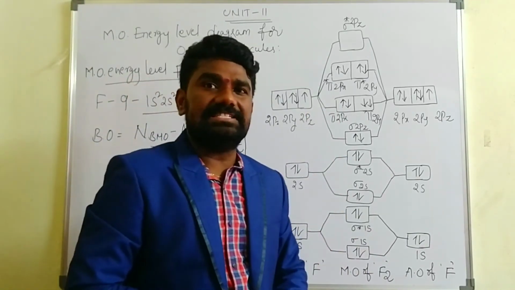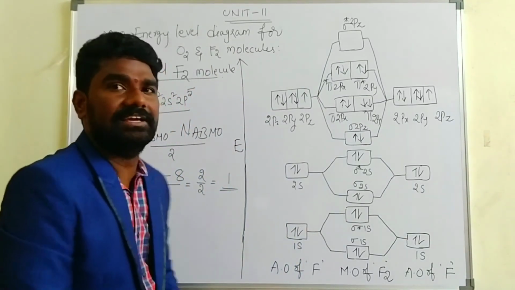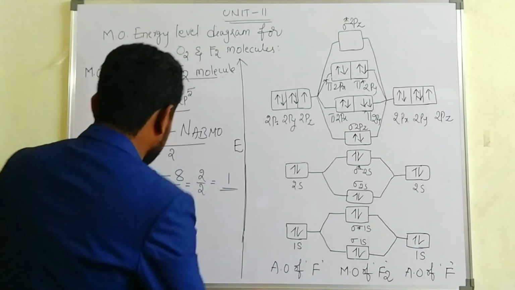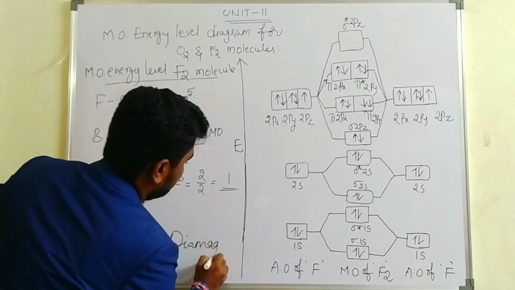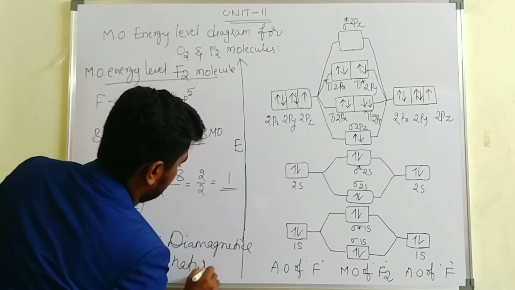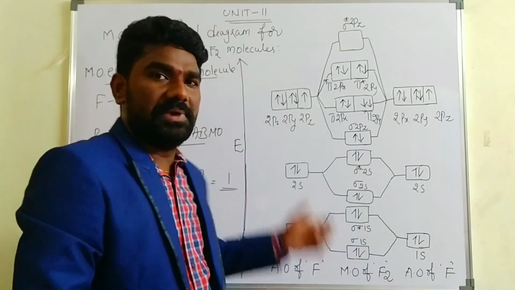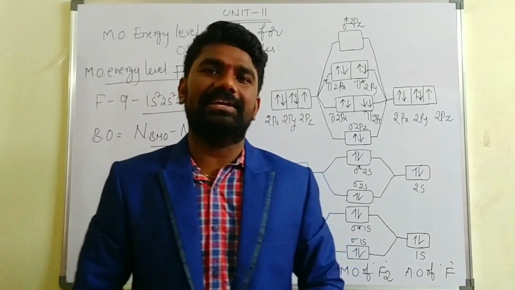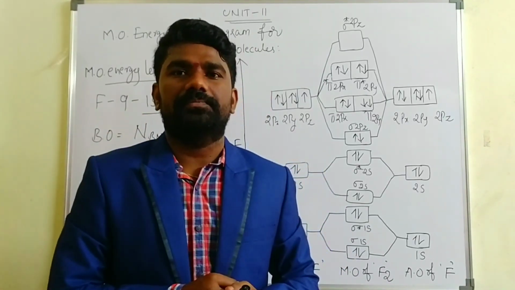So this fluorine molecule is diamagnetic in nature. Oxygen has paramagnetic nature, but fluorine is diamagnetic in nature. This is the difference between oxygen and fluorine.